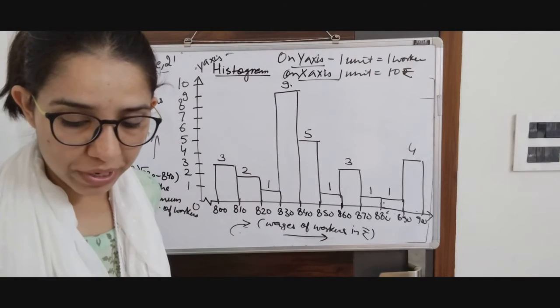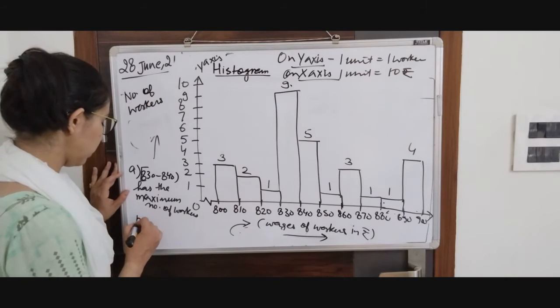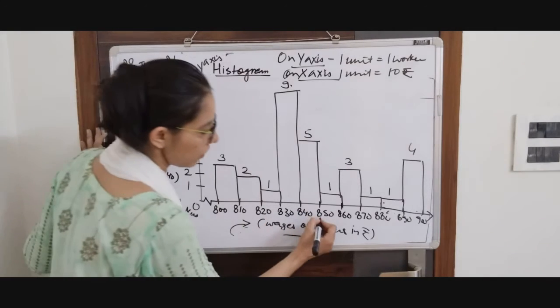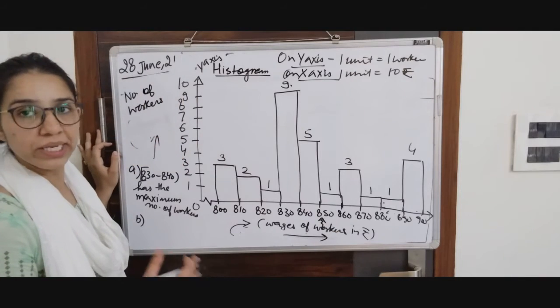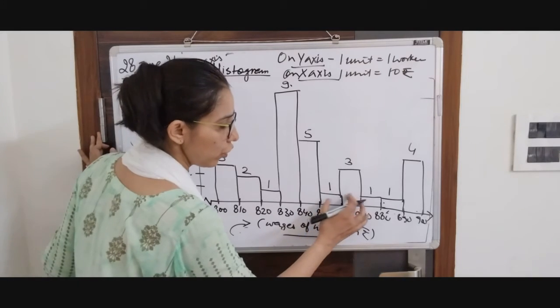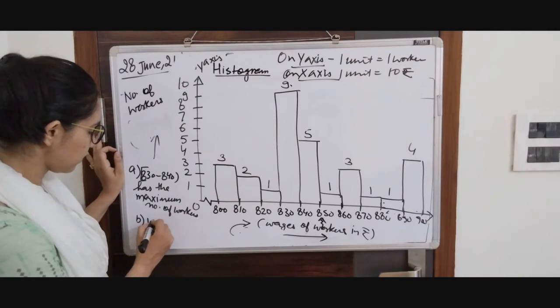Next is how many workers earn 850 rupees and more. 850 is here. So how many workers are getting more than 850? What you will do, you will add all these data.